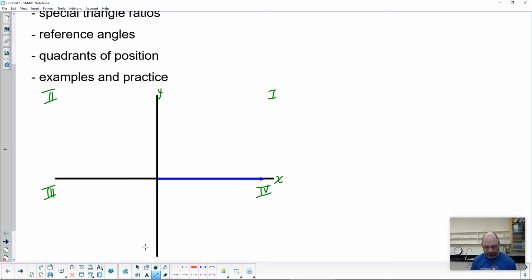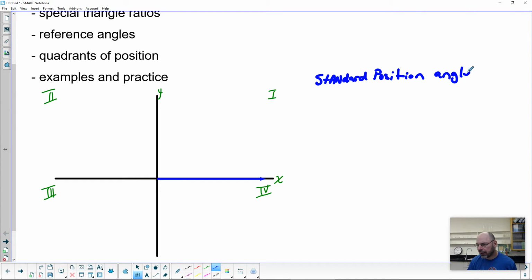Okay, a standard position angle: the first point is the initial arm, the starting arm if you like, is on the positive x-axis.